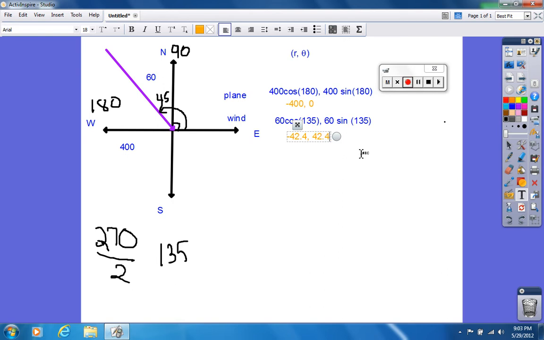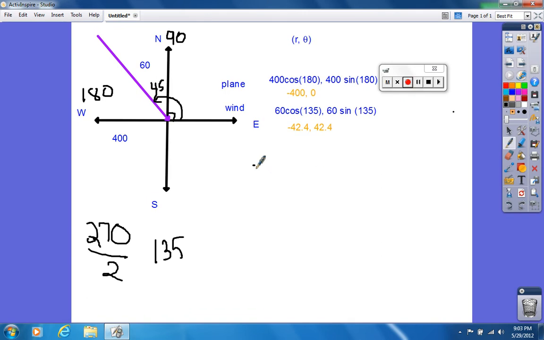Okay, so when I'm trying to find the new vector that these two create, it's the sum of these two. So I'm going to do the sum of these items squared.